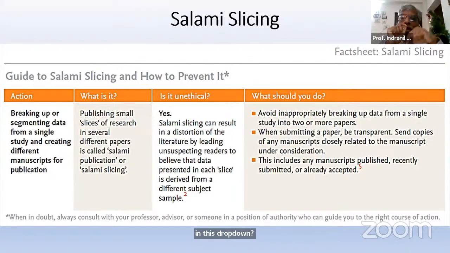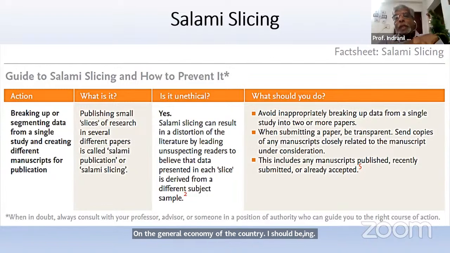Then I should be reporting on all macroeconomic indicators of the country. I should be trying to find out how the macroeconomic indicators got affected, how the capital markets got affected, how the labor market got affected. So there should be an integrated study.